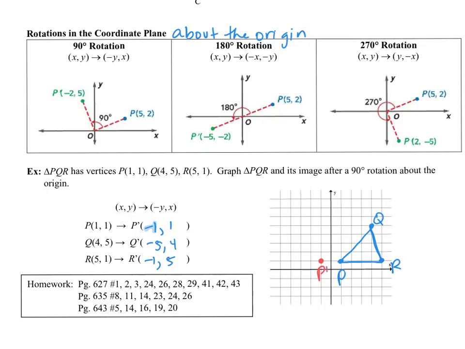That's our P prime. Point Q prime will be at (-5, 4). So go to the left 5 and up 4. That's Q prime. And then R prime would be at (-1, 5). So there's R prime. All right, so now let's draw that triangle.